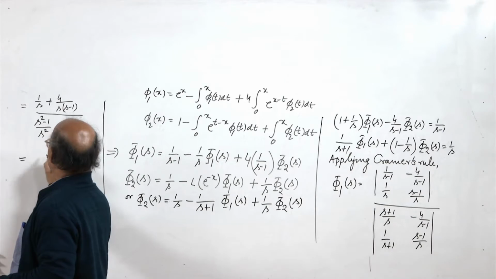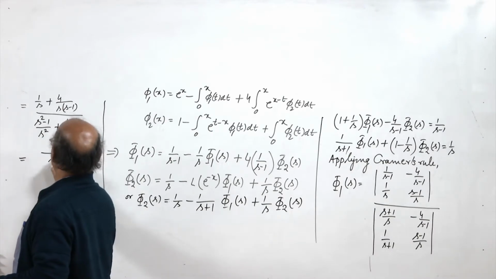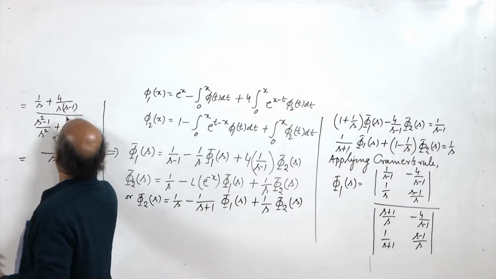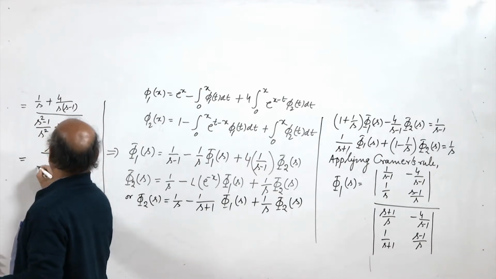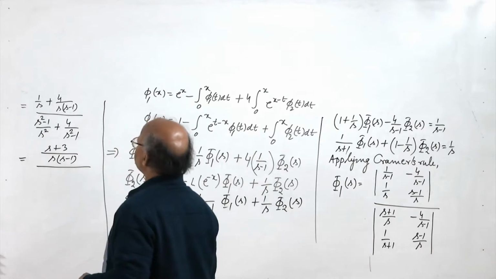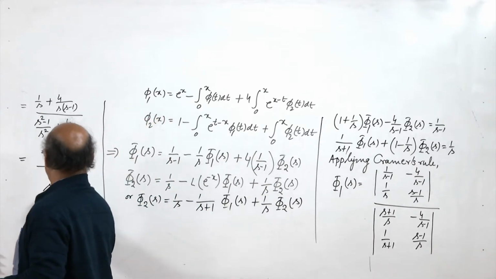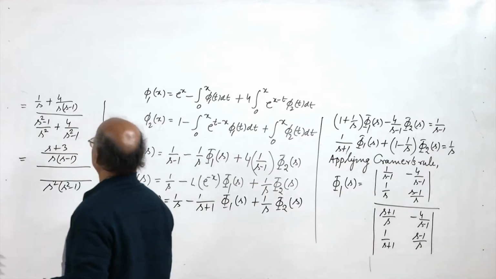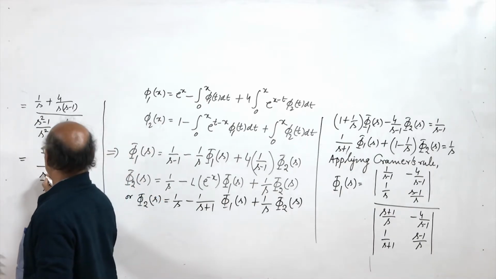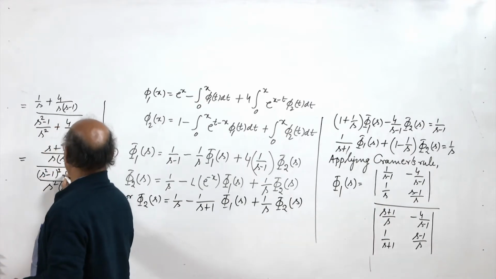So how much is this? In the numerator we get s into s minus 1, then we have s minus 1 plus 4, so we get s plus 3 divided by s square into s square minus 1. So what we have is s square minus 1 whole square plus 4s square.